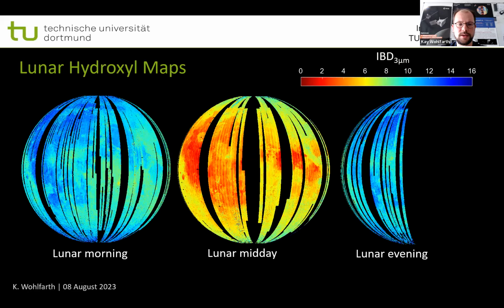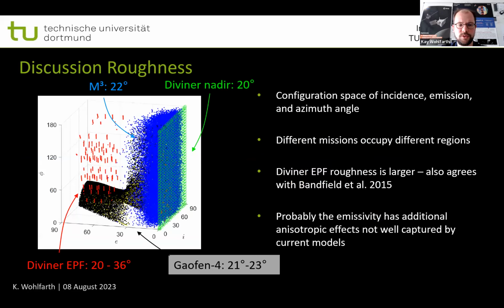That's something that I discussed here. This is a cube which gives us the incidence angle, the emission angle, and the azimuth. All these colorful points describe the geometry of one of the measurements.